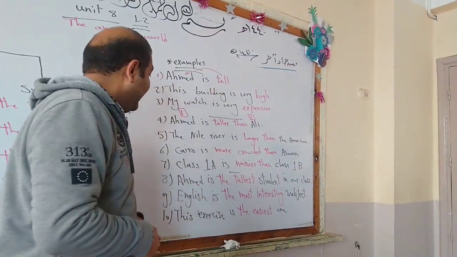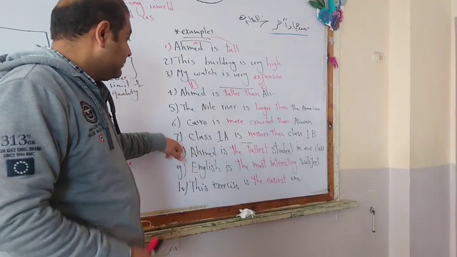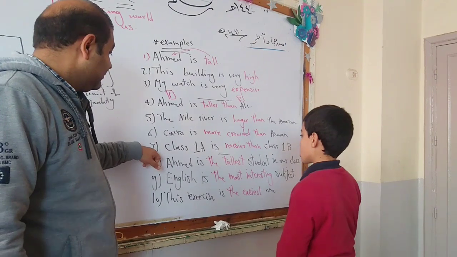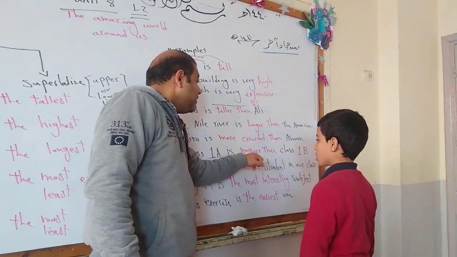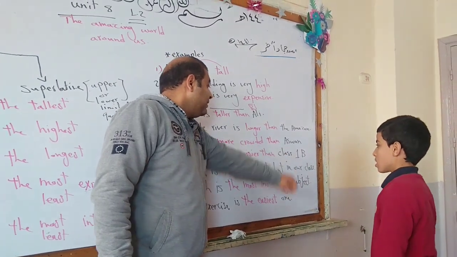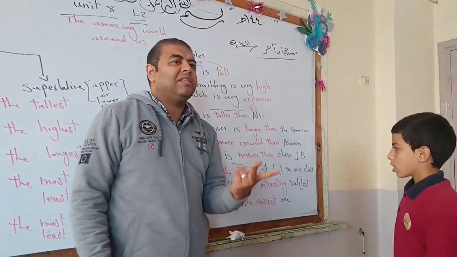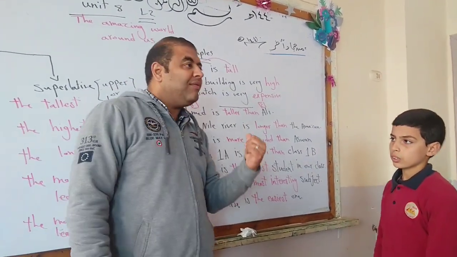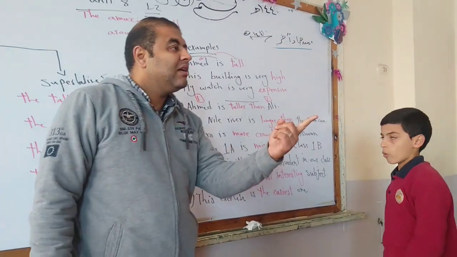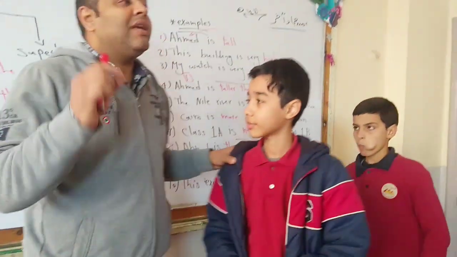Number 7, Adham, come quickly. Class 1A is noisier than class 1B. What's the positive form of noisier? Noisy.